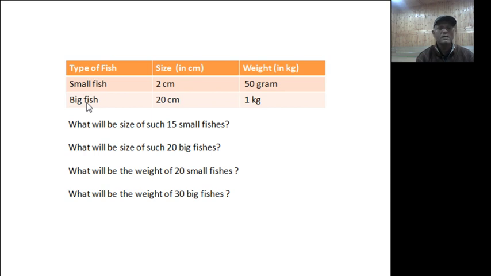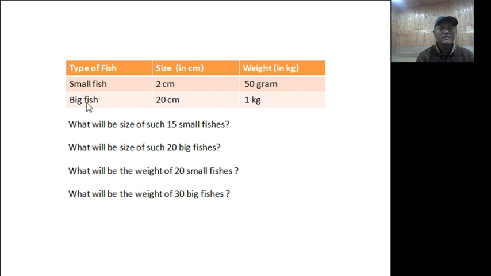On the basis of this given information, I have written 4 questions for you all to write their answers in your notebook. What will be the size of such 15 small fishes? The size of one small fish is 2 centimeter. That's why its answer would be 15 multiplied by 2, 30 centimeter.